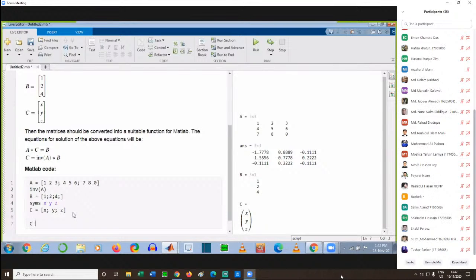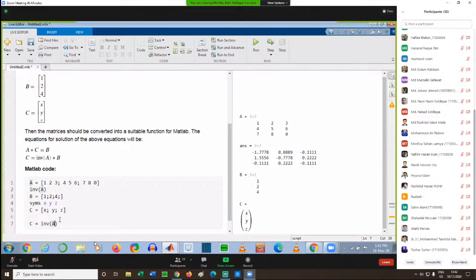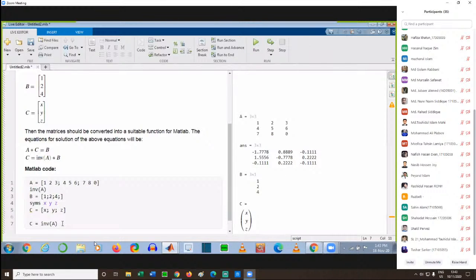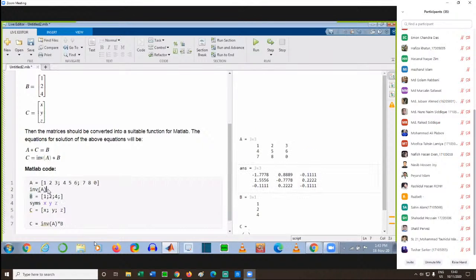C equal inverse of A. If you give a name here, suppose E equal inverse of A, then you don't have to write inverse of A again.